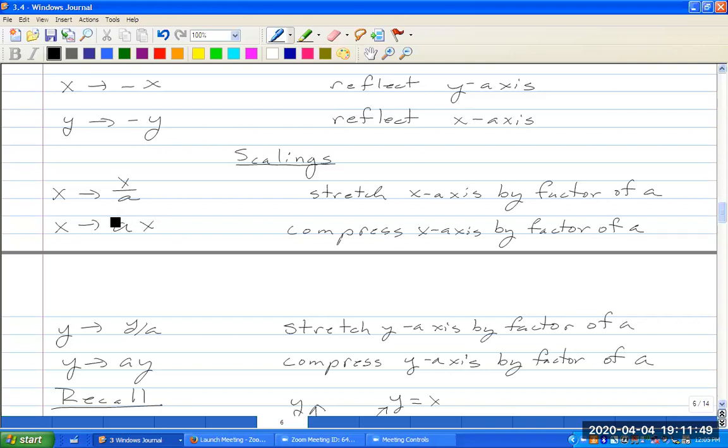So if this was 2x, then I'll compress the x-axis by a factor of 2. I'll make it half the size. Suppose the transformation is I replace y by y over a. Then I'll stretch the y-axis by a factor of a.